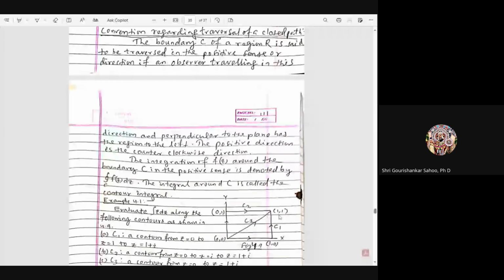Clockwise direction is negative. In figure 4.9, if you come from the origin through the x-axis and C1 and arrive at 1, 1, it is positive. From 0, 0 through 0, 1 you arrive at 1, 1, it is clockwise, it is negative. From 0, 0 through 1, 1 you come to 0, 1, it is counterclockwise, it is positive.